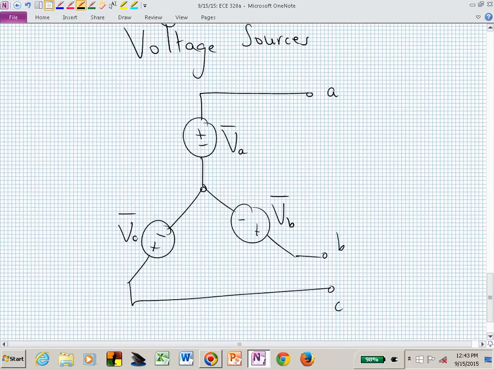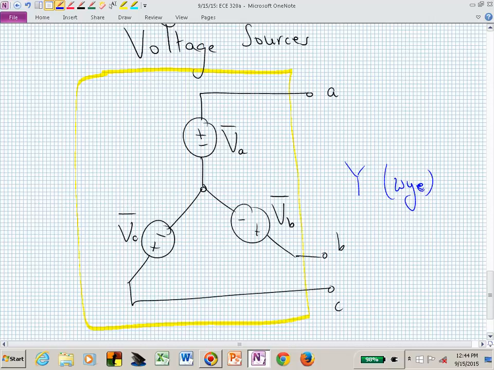And you could see that these terminals could all be coming out of some machine, and internal to that machine are these voltage sources. This is the Y connection of our sources.